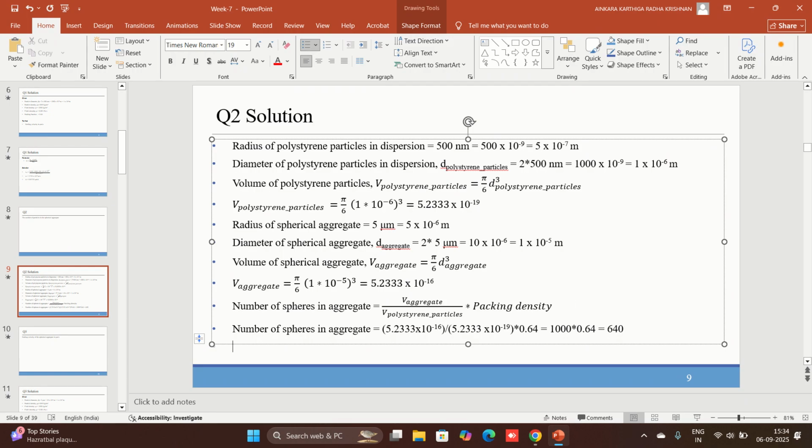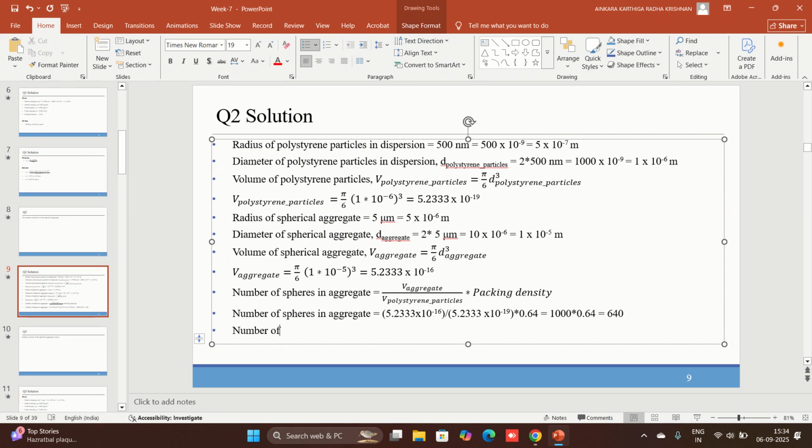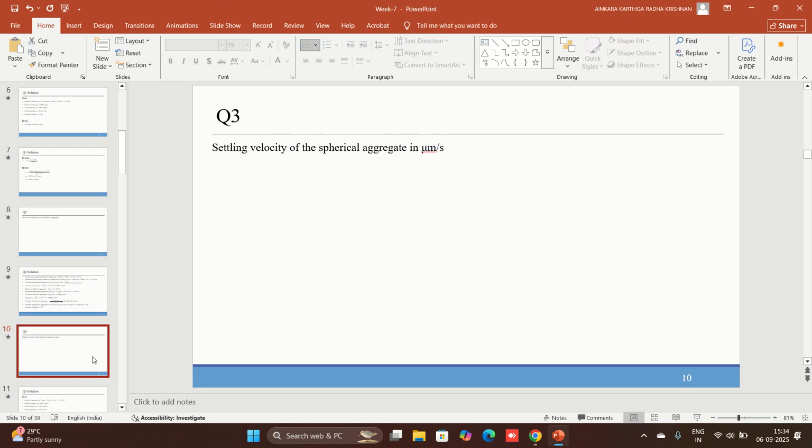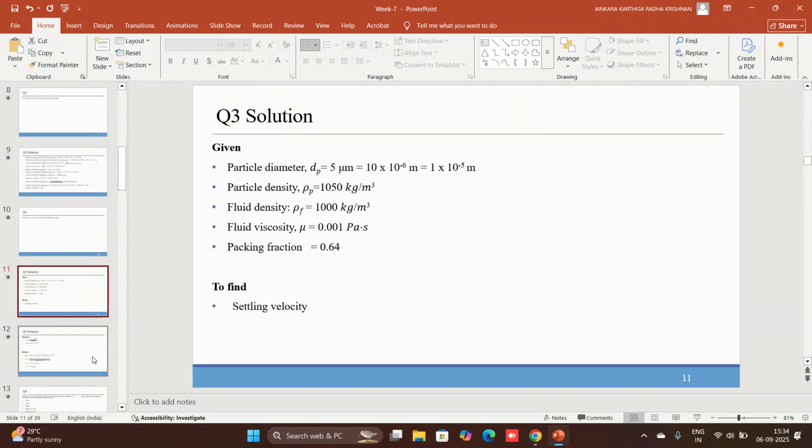Number of spheres equal to 640. Now the settling velocity of the spherical aggregate in micrometer per second.